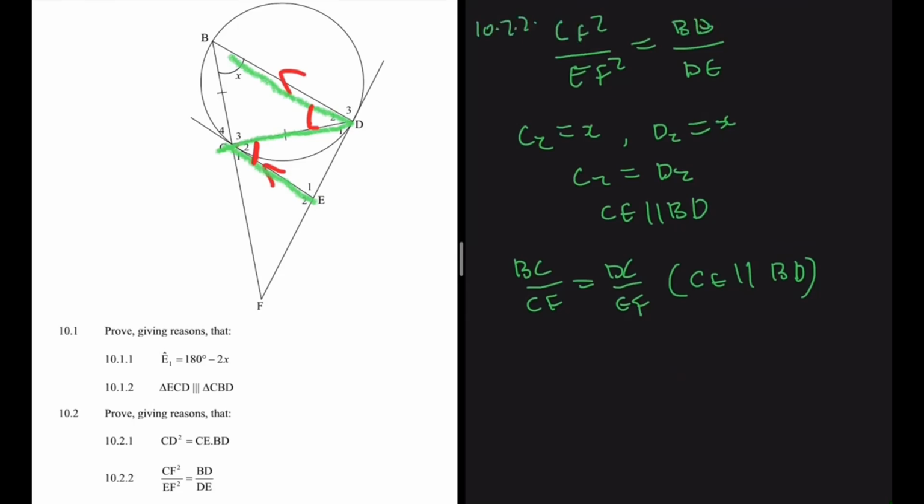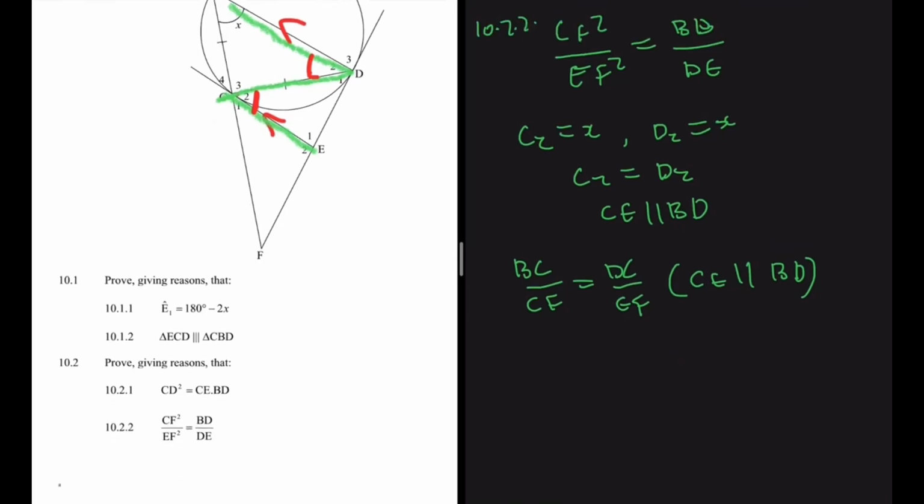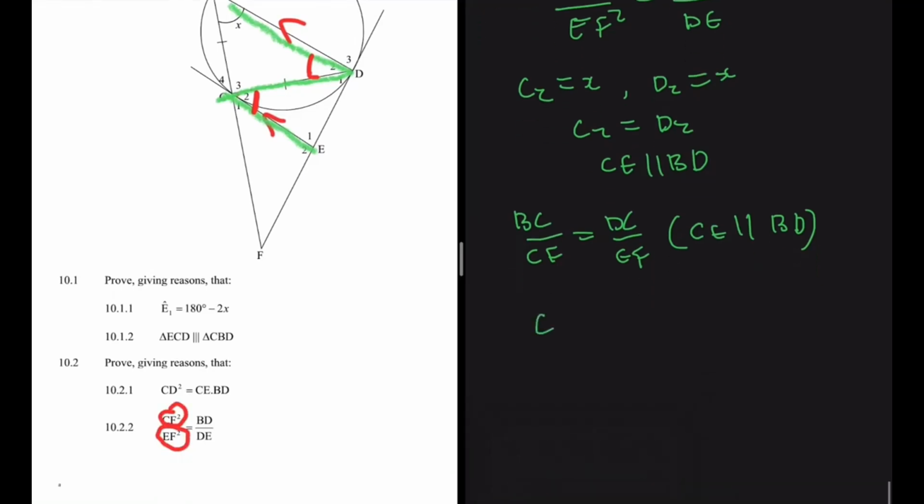That's not what the question is asking us. We have to look at CF and EF, right? We are guided by the question. So let's say CF divided by EF and see where that can take us. So if we say CF, right? CF is this line, divided by EF, then we can say CB divided by DE.